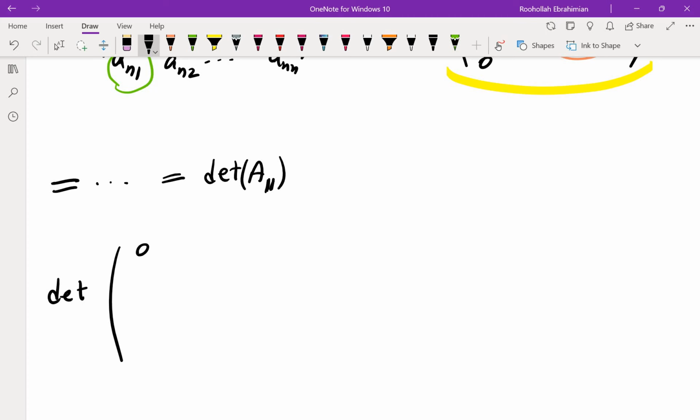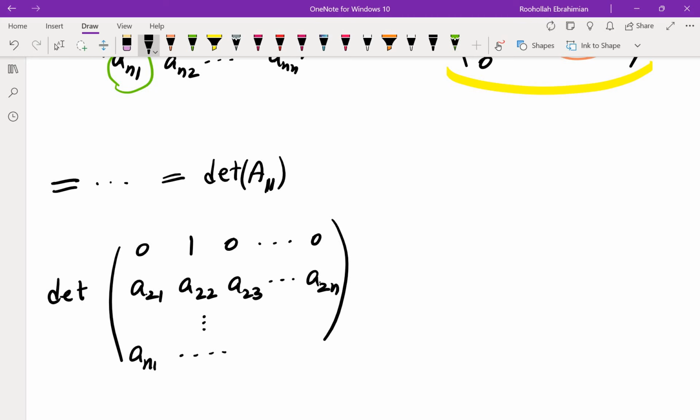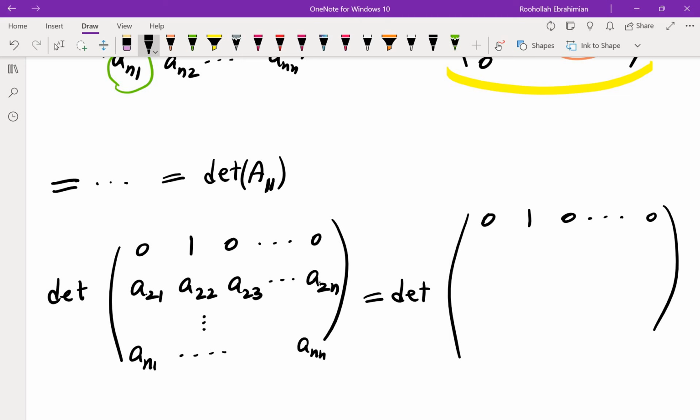The next determinant is going to be 0, 1, 0, 0, 0, and then A21, A22, A23, etc., A2n. We can do the exact same thing to make the second column 0. So we can do 1, 0, 0, 0, 0. Then make the second column 0.